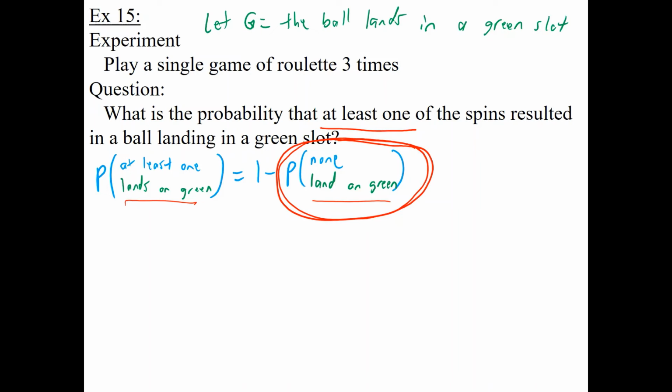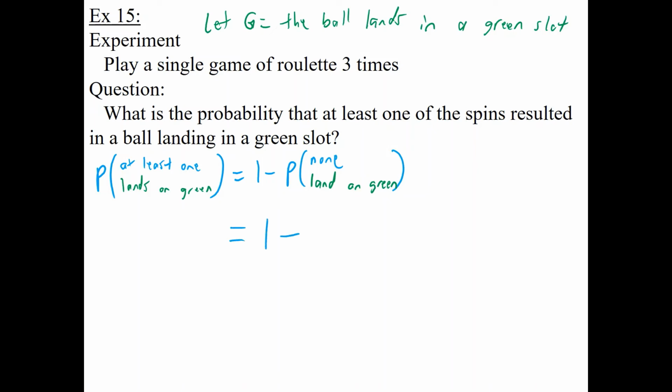But again, sometimes it'll be fine. It'll sound fine the way it is, but other times it'll sound really horrible. And if it sounds really horrible, then go ahead and fix that. Okay. So the next thing you have to do is you have to find this probability of none.